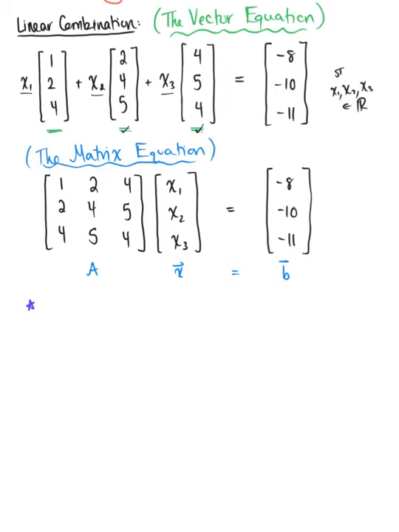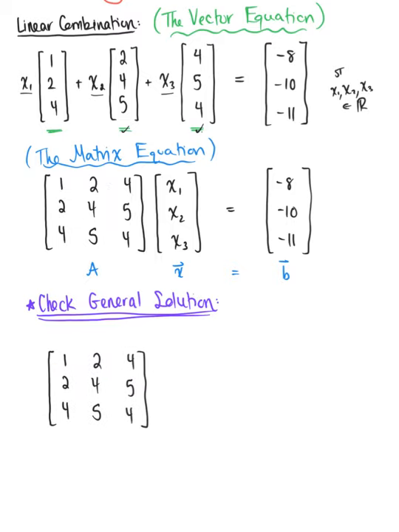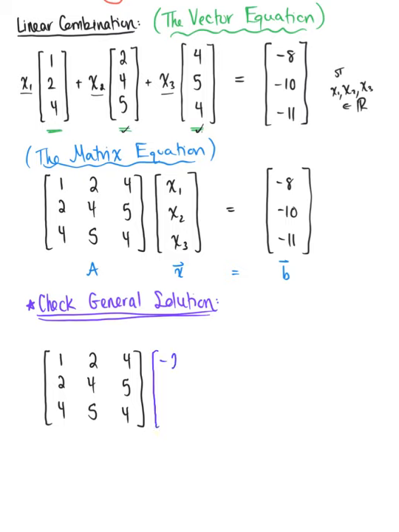So here we want to check our general solution. This helps us to understand and analyze these systems. We need to make sure that if we take this coefficient matrix that we just established and multiply it by that general solution, -2, 1, -2, it is in fact going to be equal to the constant vector, that vector b on the right-hand side.